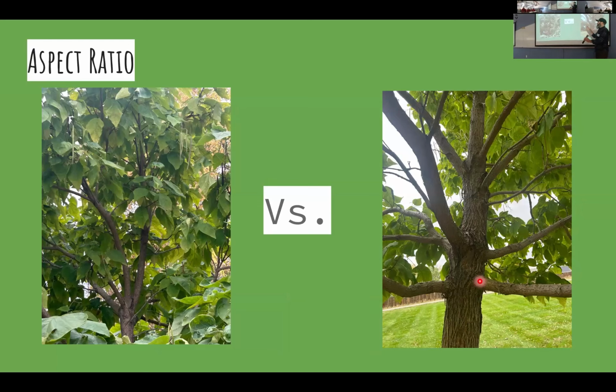So with the aspect ratio, these are smaller aspect ratio. Again, these are things that we can talk about and call out in our prescriptions, saying do a certain thing on the large aspect ratio branches in this part of the tree. So just trying to find that language for us.